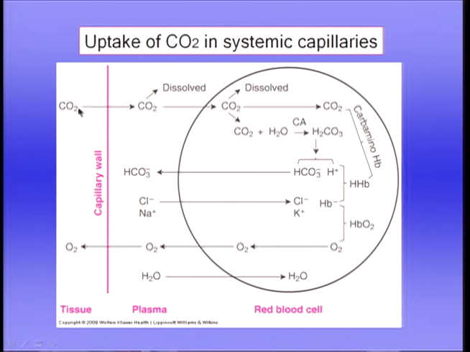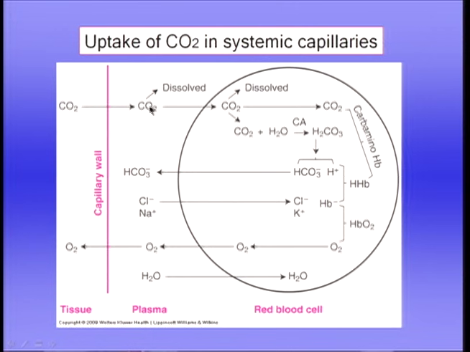The muscle is producing CO2 because of metabolism, and some of that CO2 then will diffuse across the capillary wall, in the leg, for example, or whatever. Some of it then will be dissolved in the plasma, a relatively small amount, but some will be.